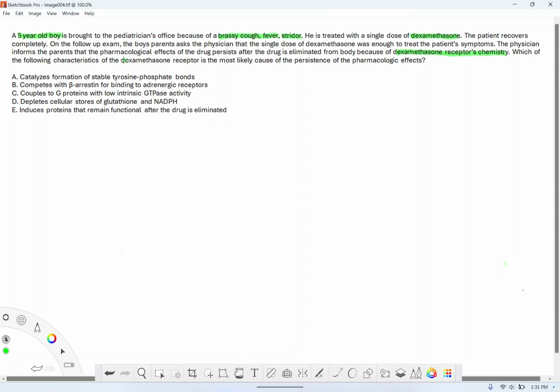So you need to know the steroid receptor. Okay, so what about the dexamethasone receptor is so unique that its effect can remain even when the drug is eliminated? First, let's do this. 5-year-old, because I can change this question completely to a different answer. A 5-year-old has a brassy cough, has fever and has stridor.